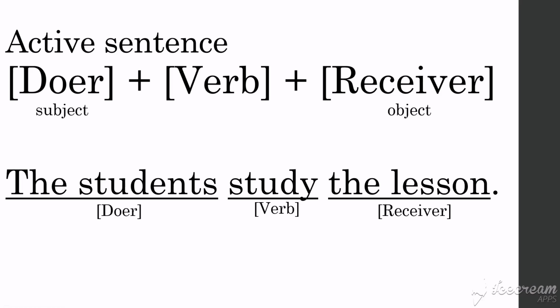Next, the verb. Our verb should be an action word. The word study is an action word. Next, after the action word, we must have a receiver, the lesson. The receiver here is also the object of the sentence that receives the action. So this is how we are able to form an active sentence.